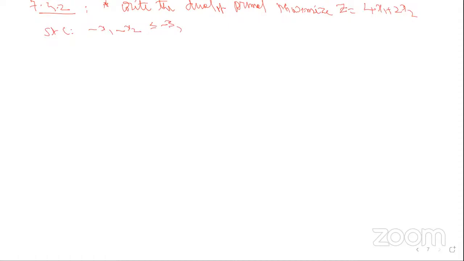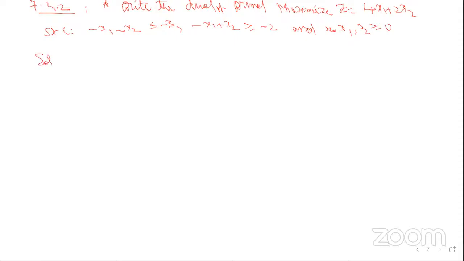Next, there is a printing mistake, you have to write minus x1 plus x2 greater than or equal to minus 2, and x1, x2 greater than or equal to 0, which means positive.